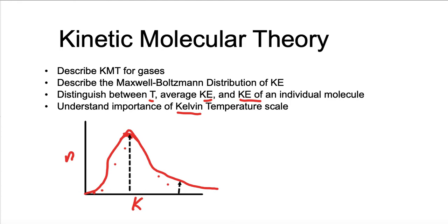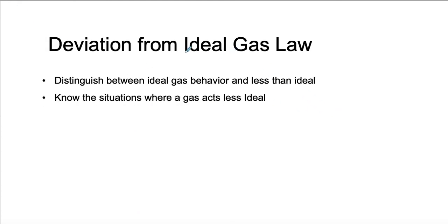All right, kinetic molecular theory. Deviations from the ideal gas law. Distinguish between ideal gases and less than ideal gases. With a less than ideal gas, you are going to have IMF forces, and the volume of the actual gas molecules does not equal zero.